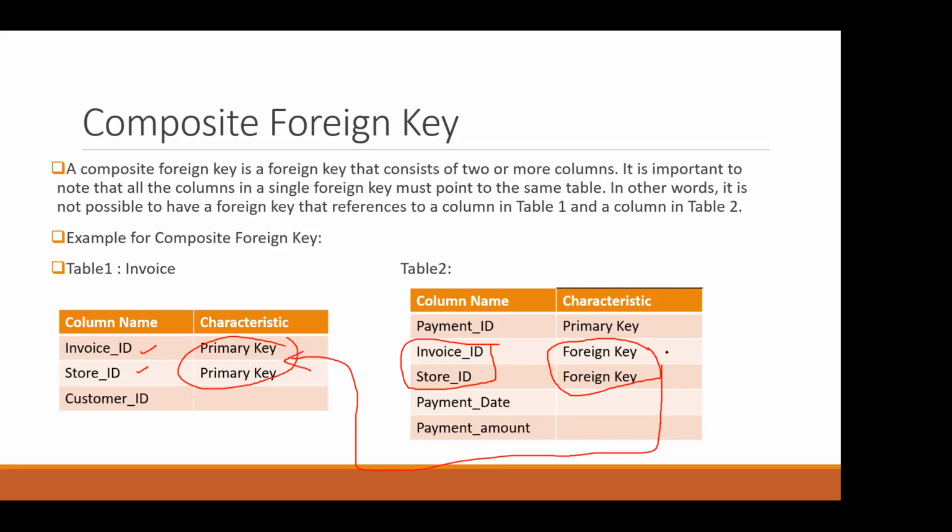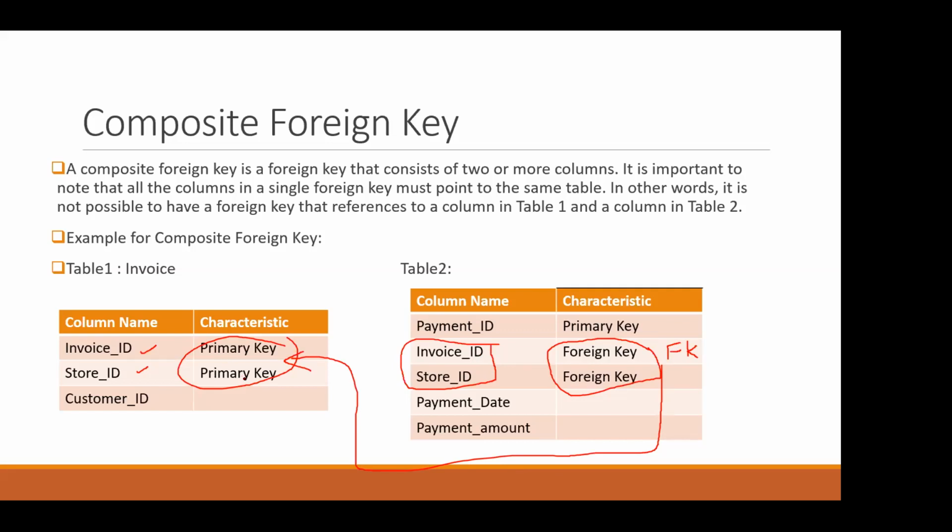So this is a cross reference between the invoice table and the customer table. Now here I can define the composite foreign key. Why I am saying composite: we are combinedly using two keys as foreign keys, invoice ID and store ID.